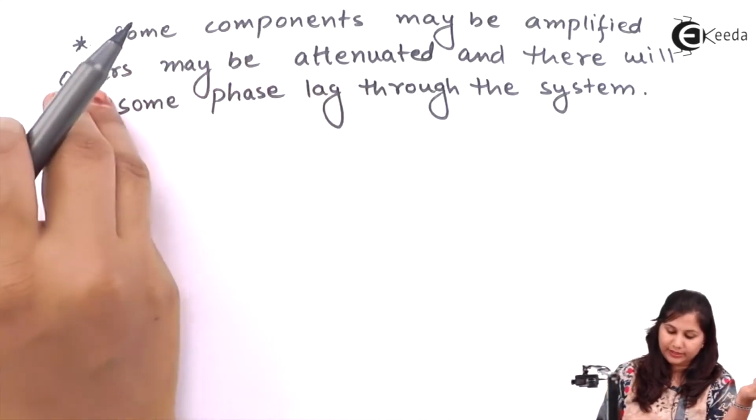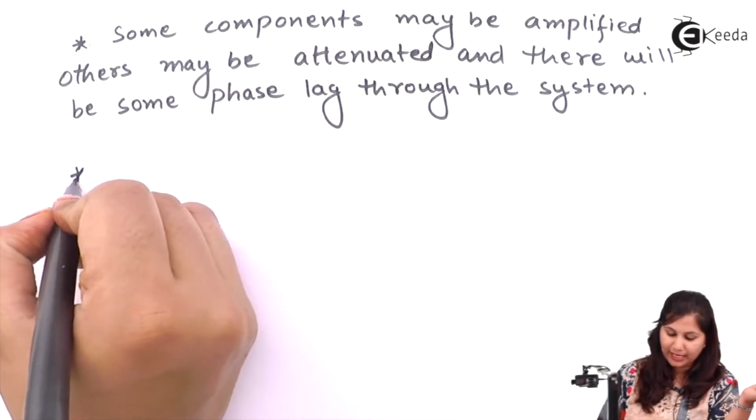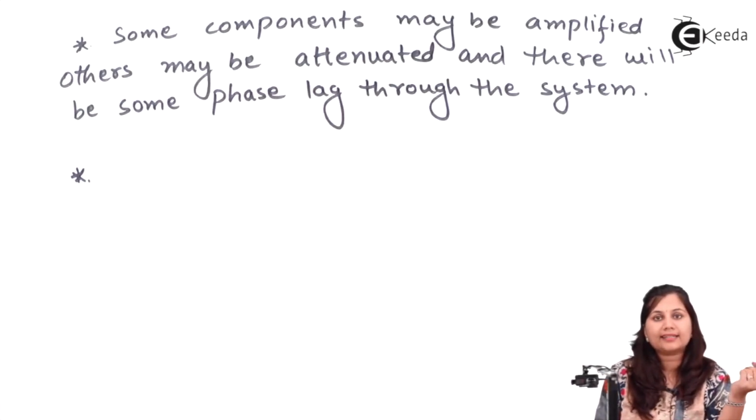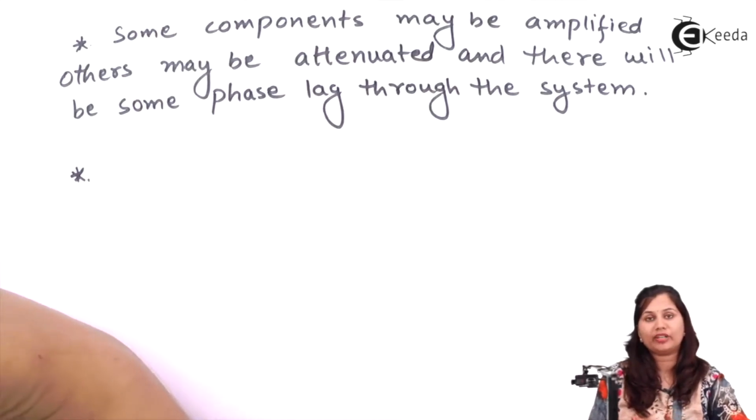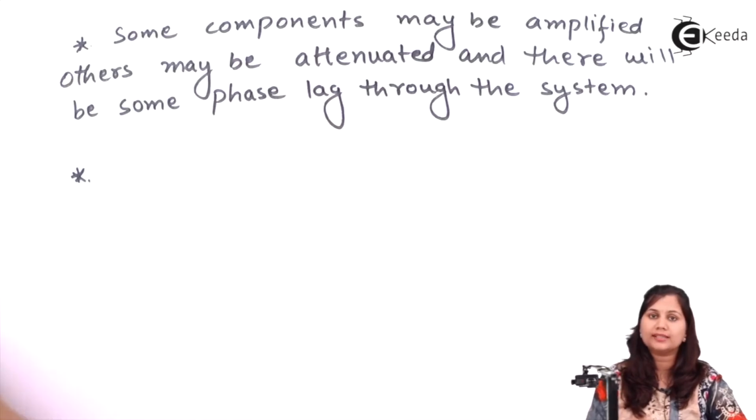This frequency response can be used in the analysis and the design of control systems, because it shows us how the time varying signals are passed through the system.